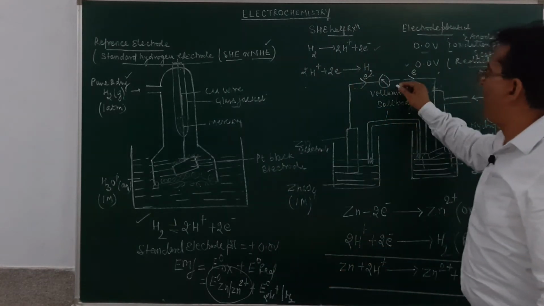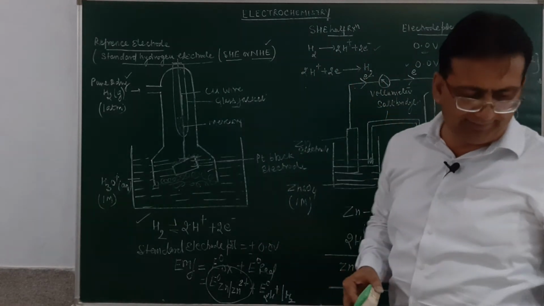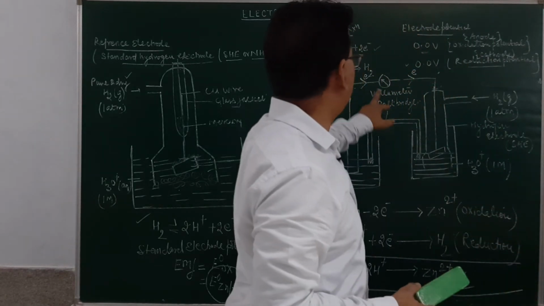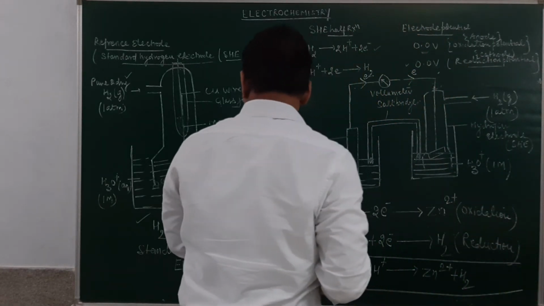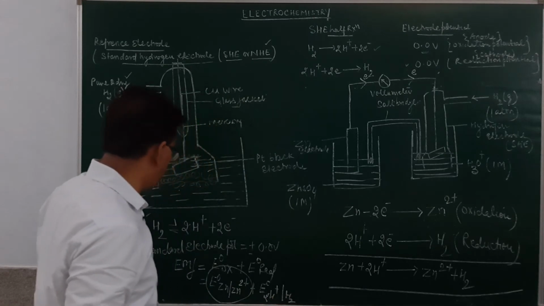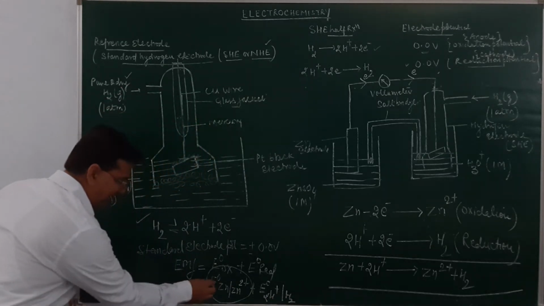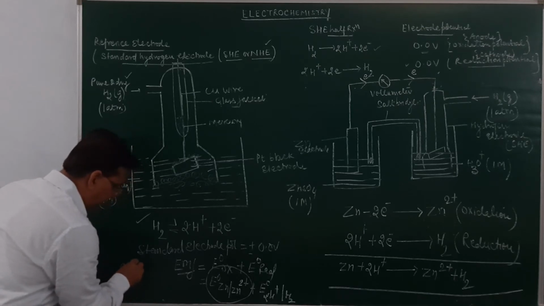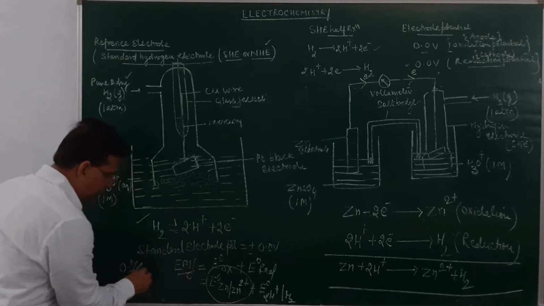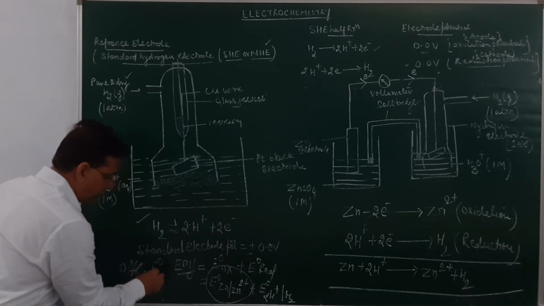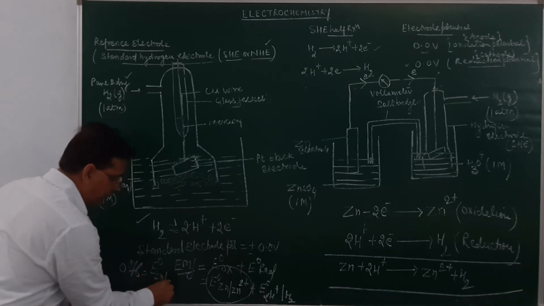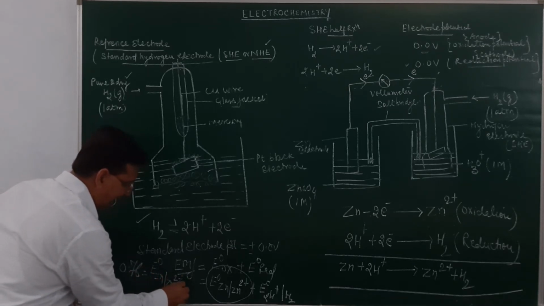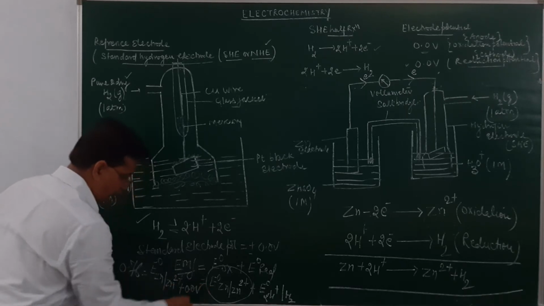Now when we measure the EMF of the cell experimentally, the EMF of the cell in this case has been found to be equal to 0.76 volt. So this EMF of the cell comes to be 0.76 volt. This will be equal to E naught oxidation, zinc to zinc 2 positive ion, plus 0.0 volt.